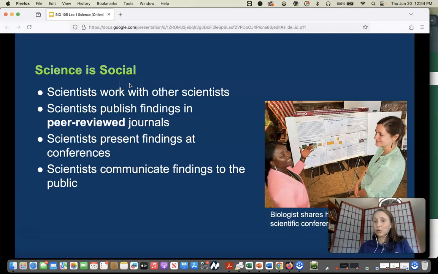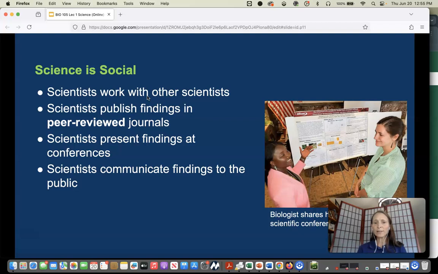Now, science is social. And what this means is that scientists are constantly working with other scientists. So for example, even me as a biologist, I constantly am attending conferences. I will attend a conference each year to update myself on the information that is in my field. And it's nice to have other scientists all in one room being able to share information on your field of study.